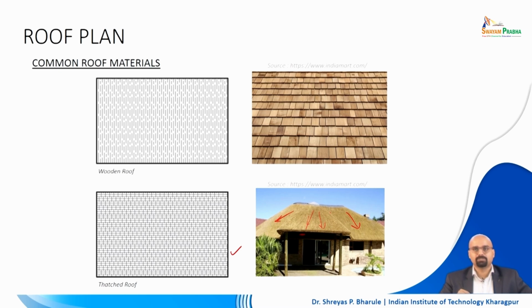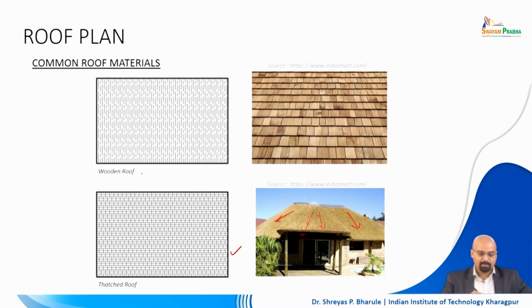Also, it is a very good insulator. In places where there is a heat wave, which is a common thing that happens, a thatch roof on top will cool down a lot of temperature within the room. It will keep the temperature within the room cooler, that is very important.